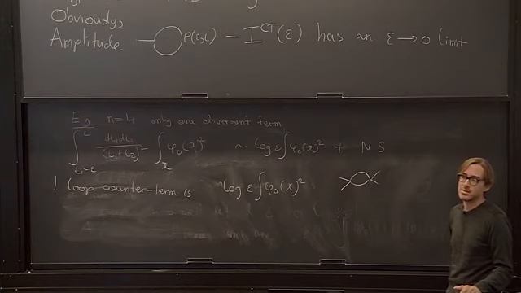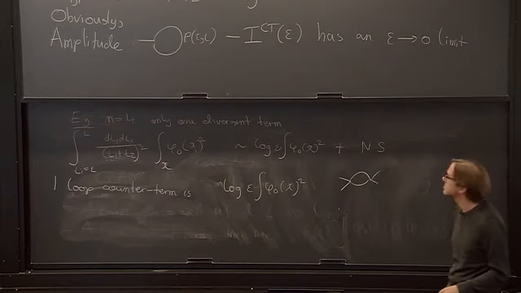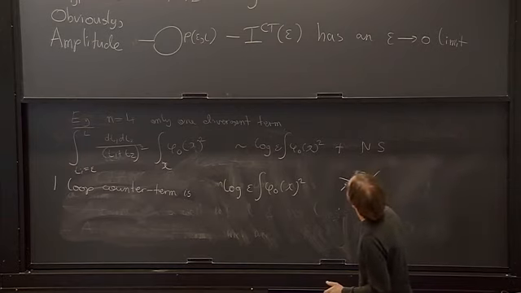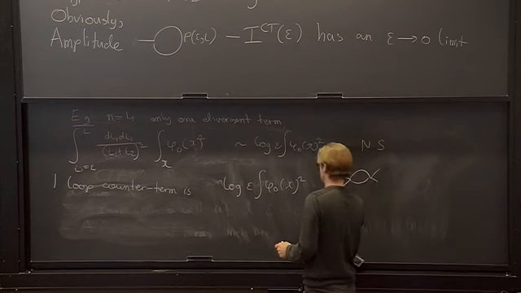It would have been phi 4. In a phi cube theory, epsilon itself has a dimension of 2.